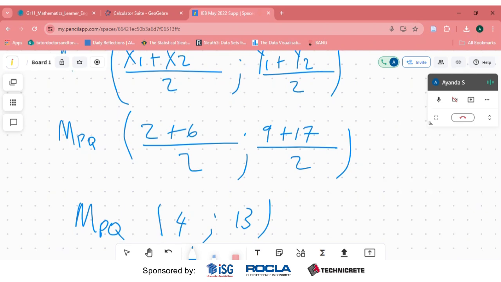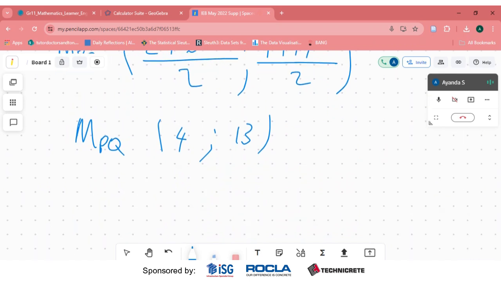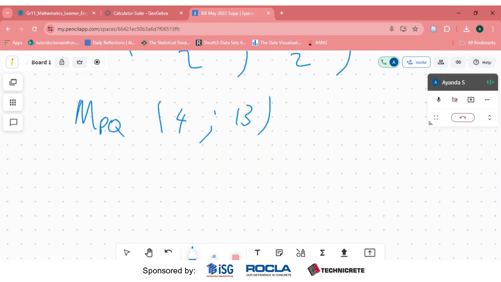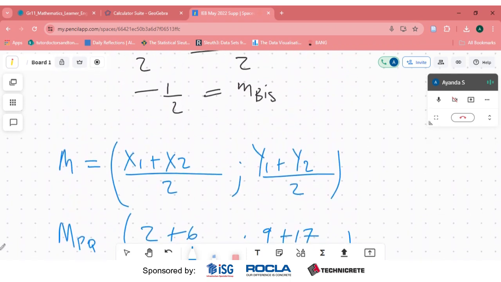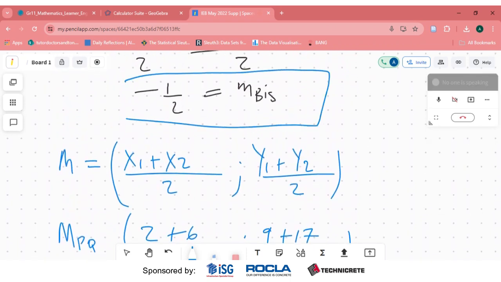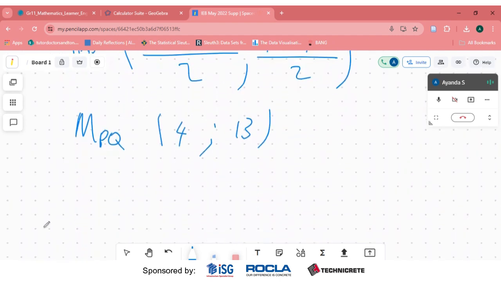So now we have a point. So that's one of the points on this line, on this bisector. So we can substitute the point that we have, as well as the gradient that we calculated. Remember that the equation of a straight line is given by y is equal to mx plus c. We've got a y value, we've got our gradient, we've got x.